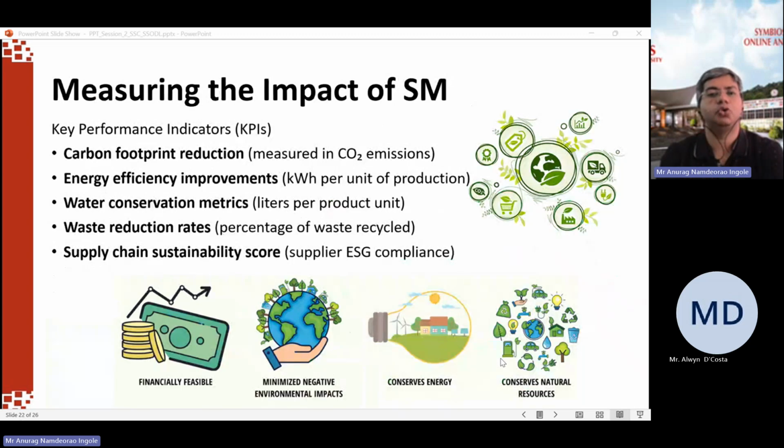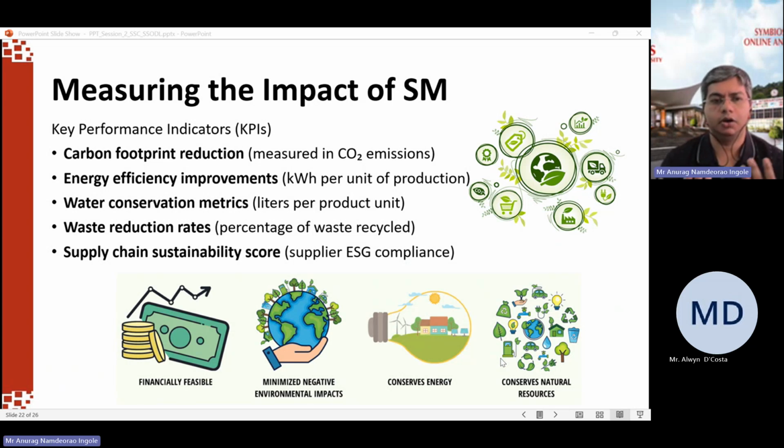Now we also want to measure this impact, like we did in measuring the impact of sustainable procurement. We, as the manufacturing function or operations function, on my facility, I want to measure the sustainability parameters, sustainability aspects. So I can have KPIs such as carbon footprint reduction, like I can measure the CO2 emissions of my facility.